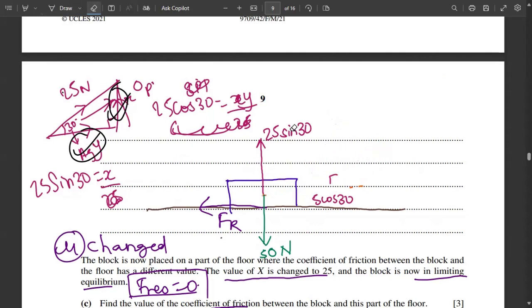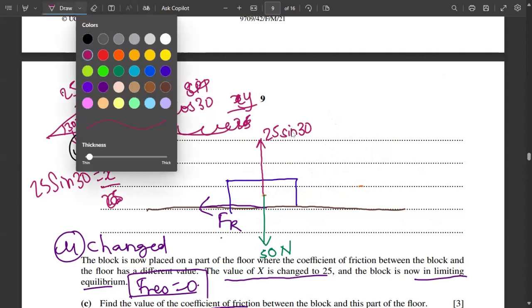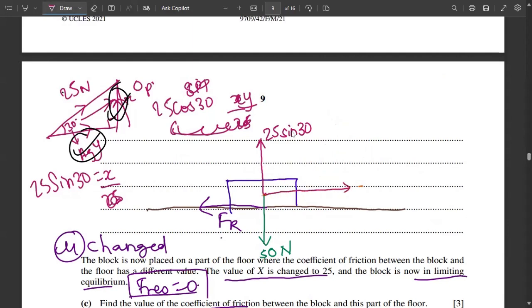And this 25 sin 30 I've shifted, and the 25 cos 30 I'll have to mention here, which I accidentally erased. These both forces together are equivalent to 25 Newton acting at an angle of 30 degrees. These both forces denote the same thing. That's why I just erased that.